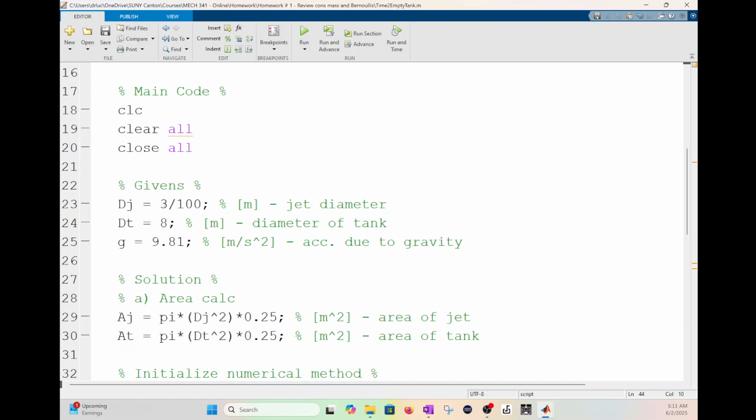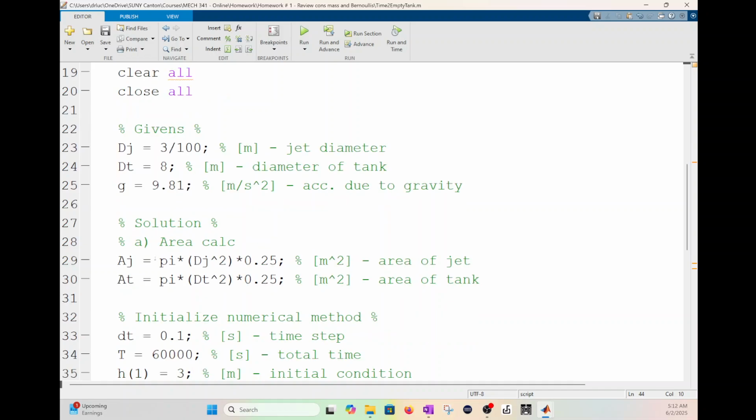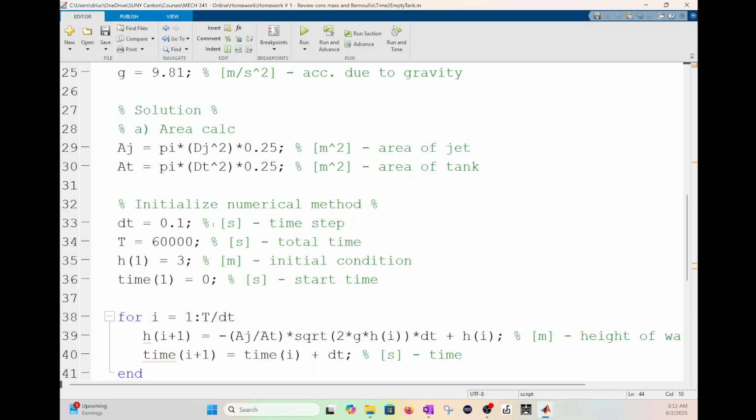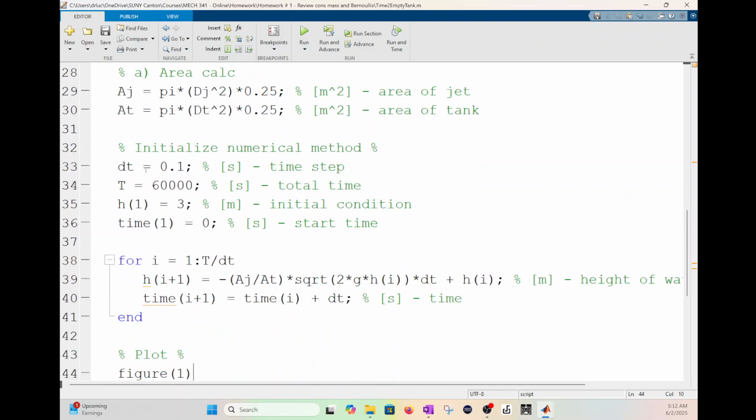Here are my givens: diameter of the jet, the tank, acceleration due to gravity. I find my areas. I initialize my numerical method, so delta t is 0.1. I'm going to run this to 60,000 seconds. My initial H is 3 meters. My initial time is 0. Down here is a for loop to solve for the height.